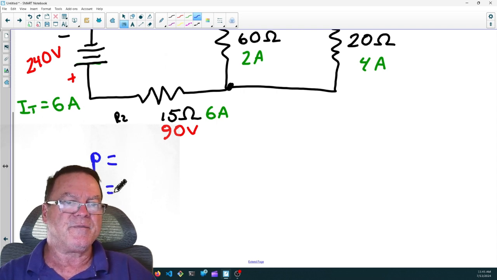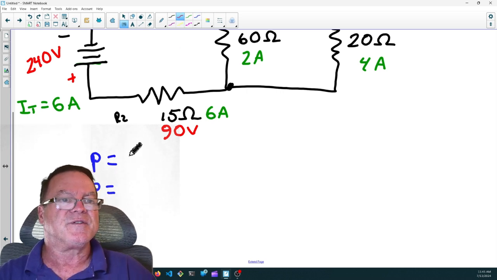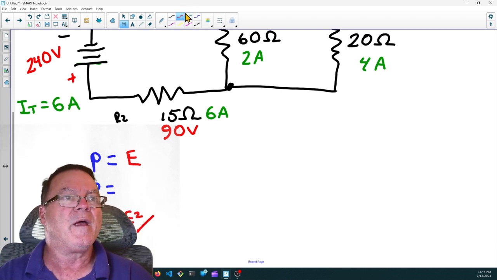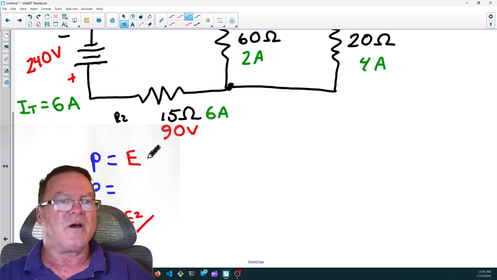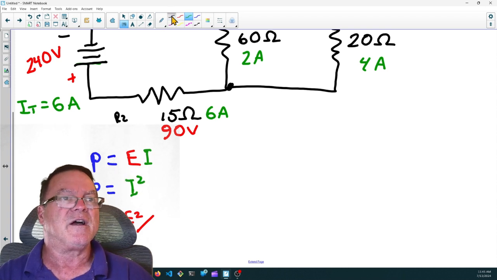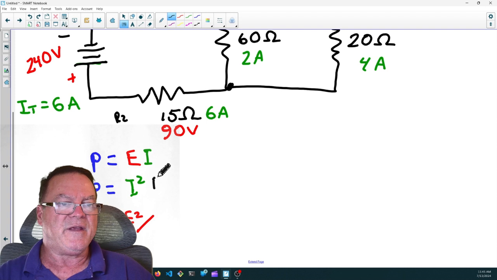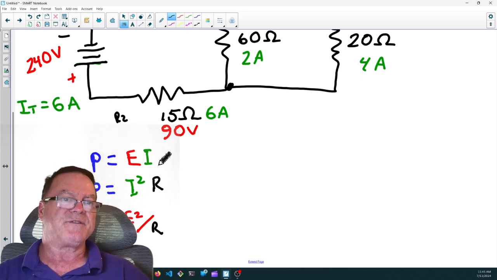P equals E times I, E squared over R, and I times R. P equals E times I. P equals I squared times R. P equals E squared divided by R. Those are our three power formulas.